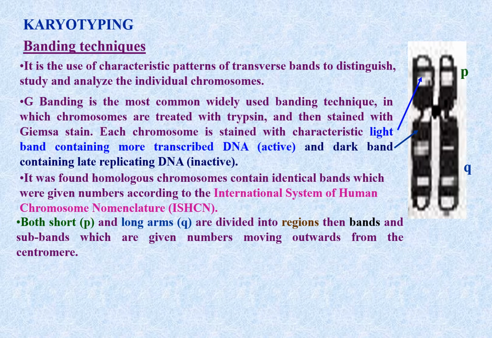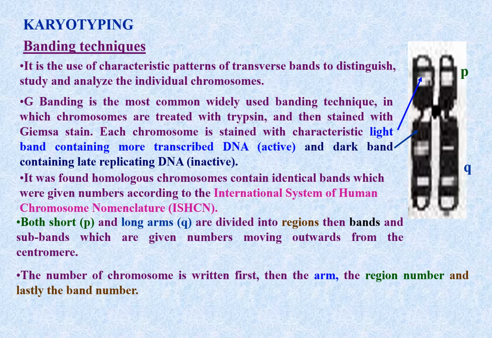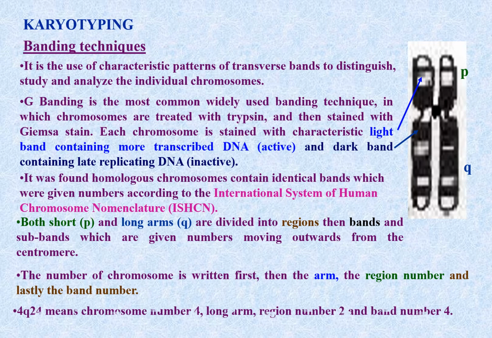The number of the chromosome is written first, then the number of the arm, then the region number, and lastly the band number. An example: 4q24 means chromosome number 4, long arm Q, region number 2, and band number 4.